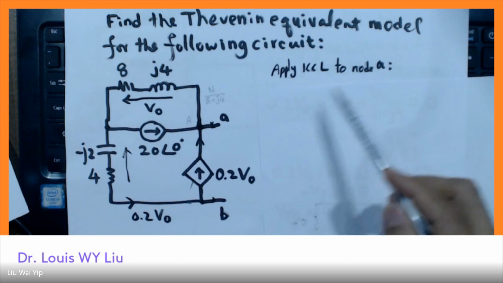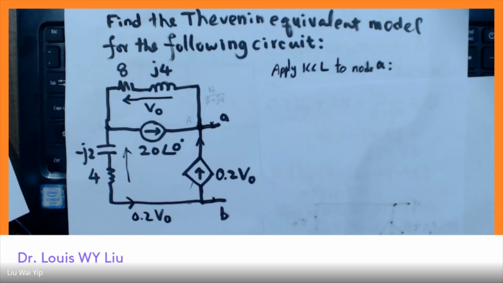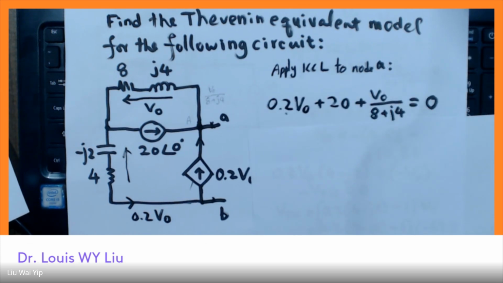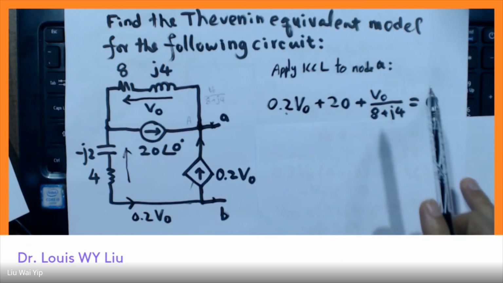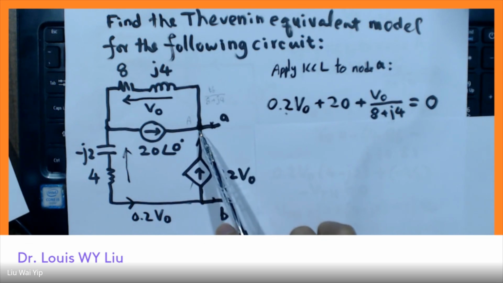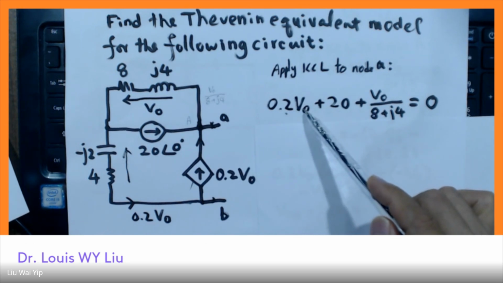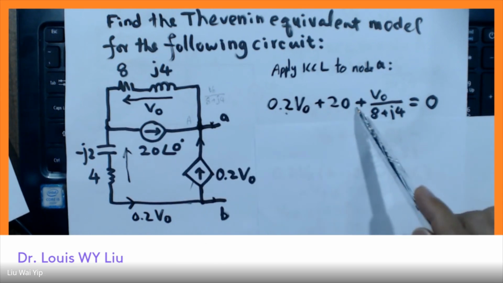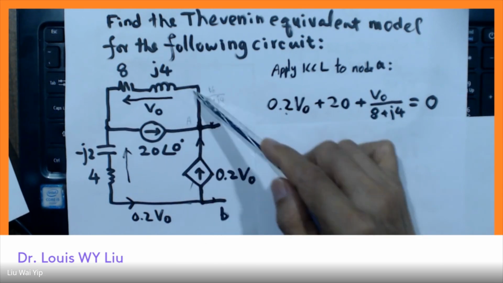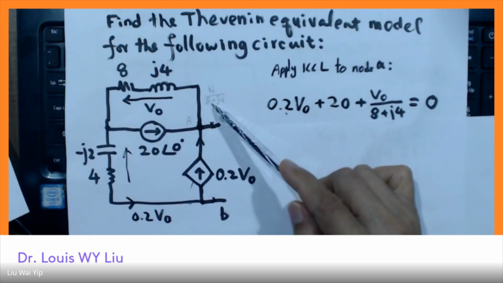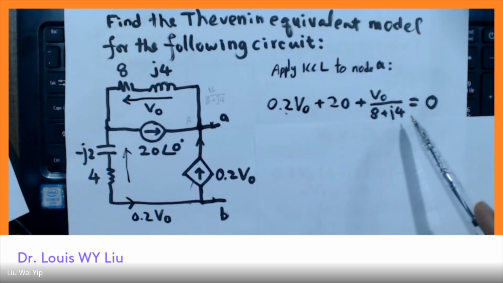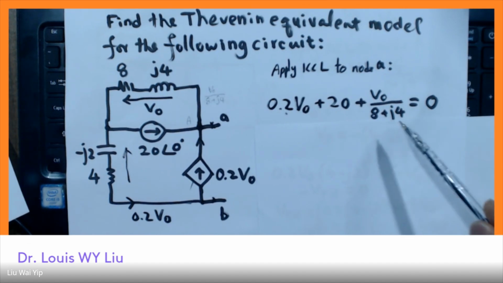So node A is here. And we come up with an equation which represents the sum of currents going towards this node. This one, 0.2 V naught, plus this one, 20, plus this current, V naught divided by 8 plus 3 times 4.